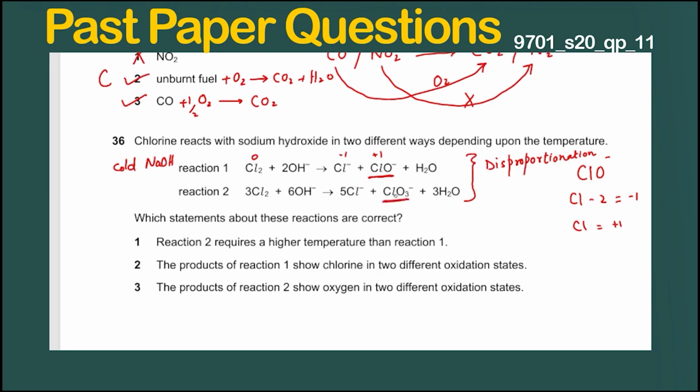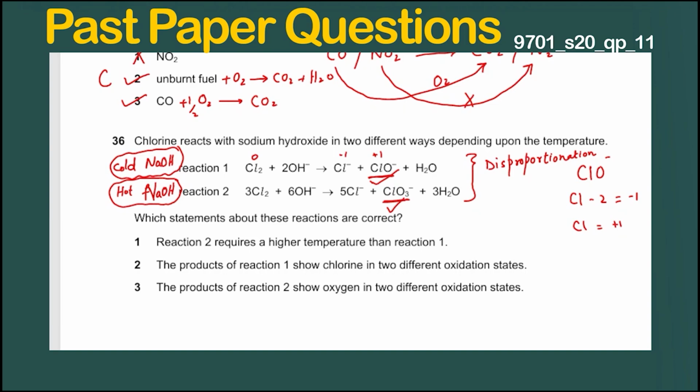This one, ClO3, must be formed by using hot NaOH or KOH, hot alkali. But why is this so? When we use hot and concentrated sodium hydroxide, it will do more oxidation. Because of more oxidation you will observe more oxygens here. ClO3 is forming. But with cold NaOH, we will only observe one oxygen here because less oxidation is taking place. Which statement about these reactions are correct?